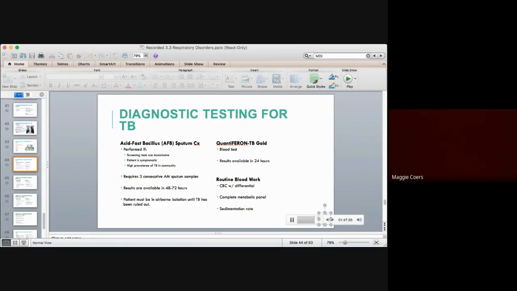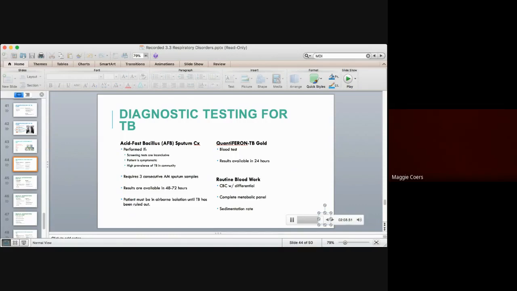The results are back much more quickly with the QuantiFERON TB Gold test, so we can start treatment much quicker. But however, this test is much more expensive. The culture of the sputum is very cheap to run. The QuantiFERON TB Gold test is very expensive.